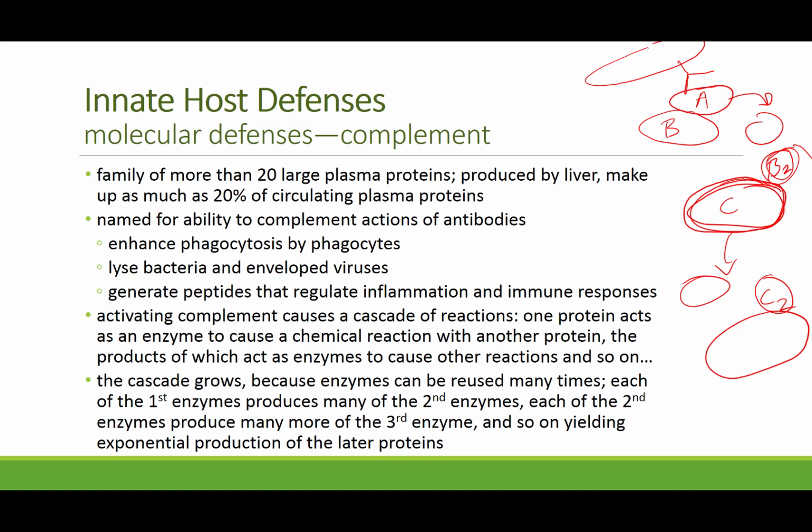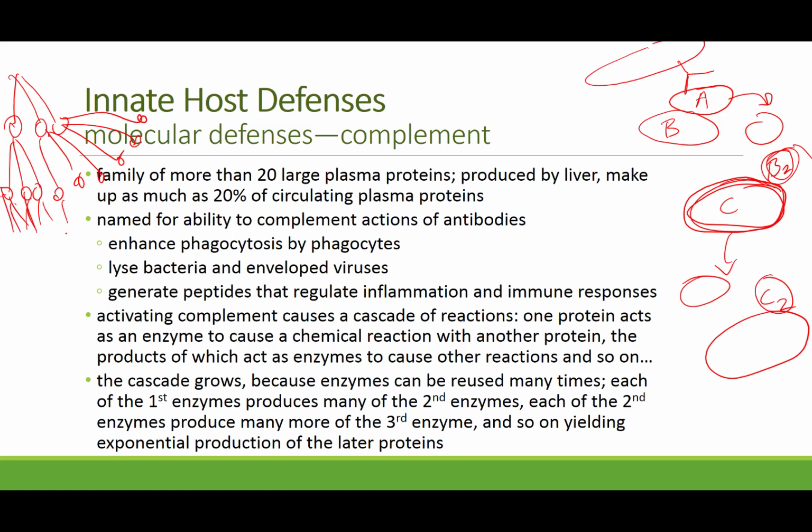So it creates this cascade where the first enzyme can make a little bit more enzyme, and then each of those can make even more enzymes in the next downward spiral of this. And then each of these is going to make more. And so, as you can see, by the time we get to the end product, there's a huge number of those end product proteins.